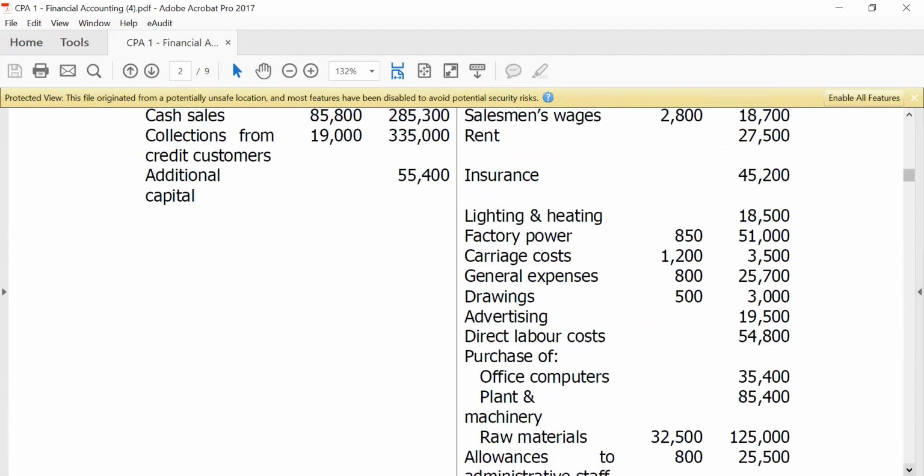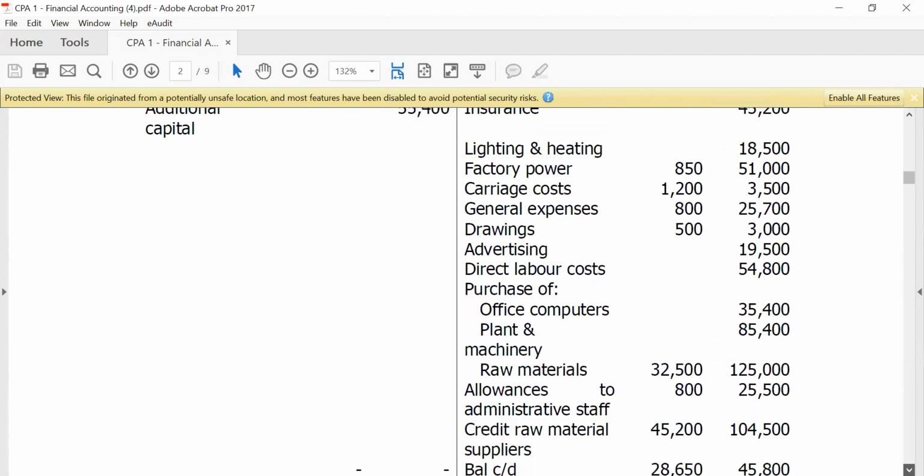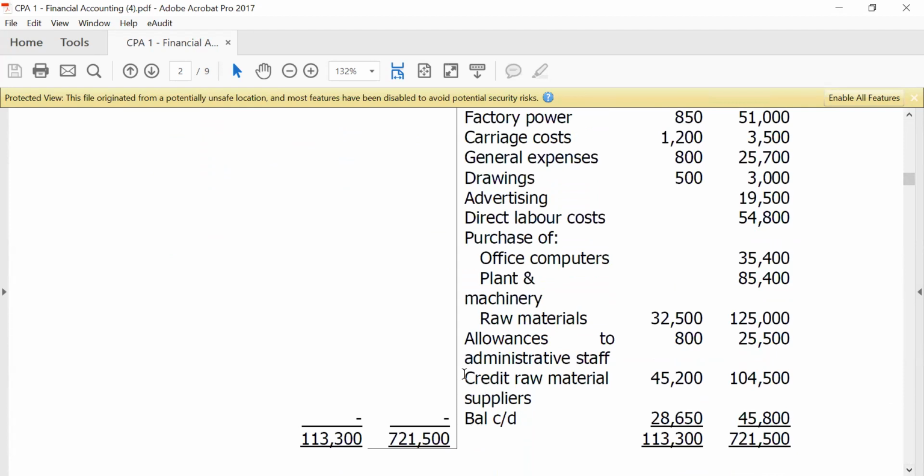to the credit suppliers. Actually, it is here. This is purchase of raw materials right here. And then we have credit raw material suppliers. So these are the payments that are being made to the credit raw material suppliers. Now I want you to see something deep here.